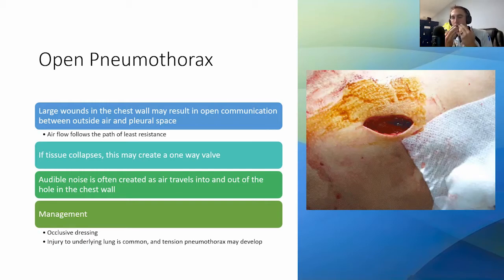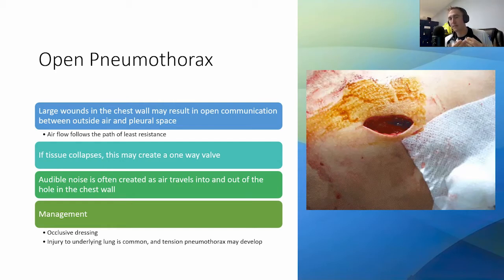So as the patient's inhaling through their mouth, air may come in through that wound, that open communication, and make their ventilation ineffective.